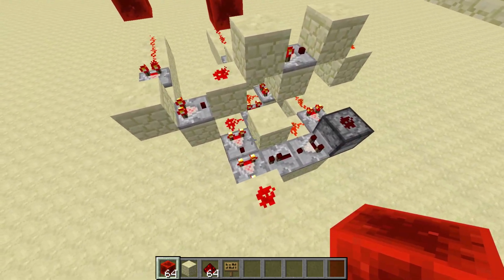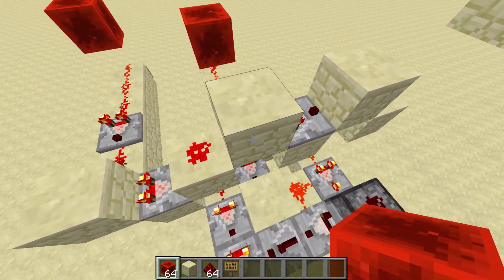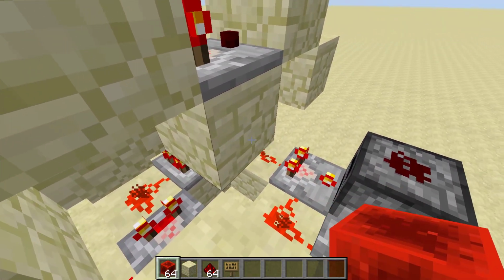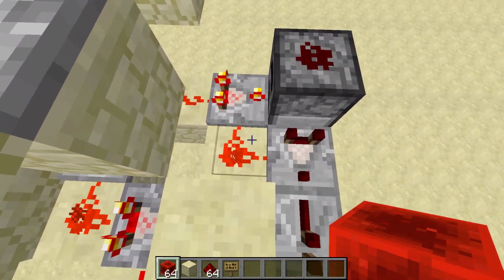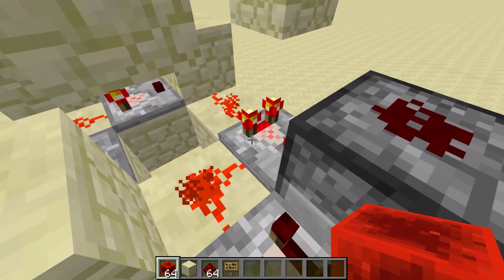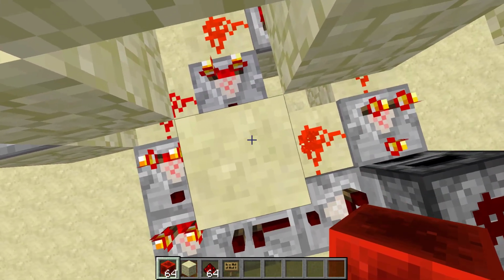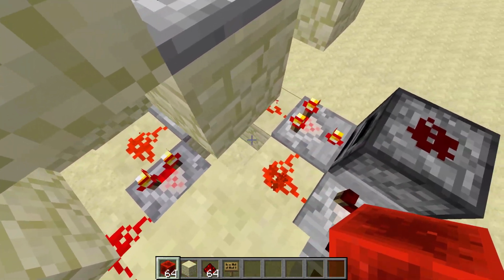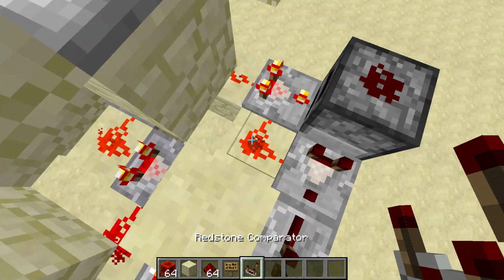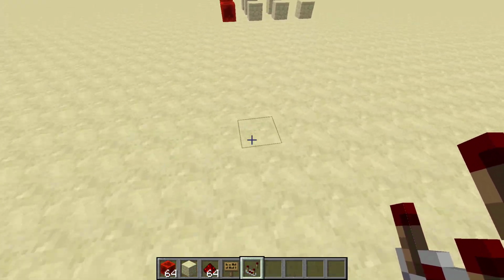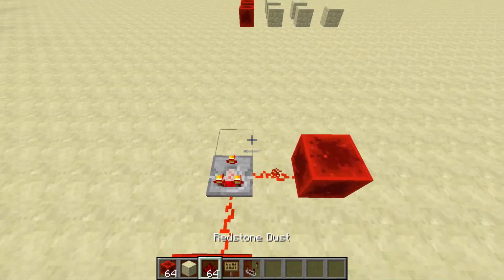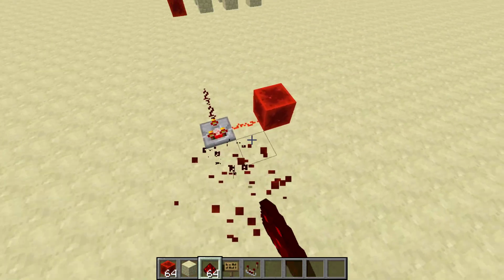And what happens here is that we're sending the strongest signal down here, and then the strongest signal is sent into both this one, strong signal, and also this one, but because they are equal, they cancel out, because it's in subtract mode, which I can demonstrate here. If they're equal, nothing happens.